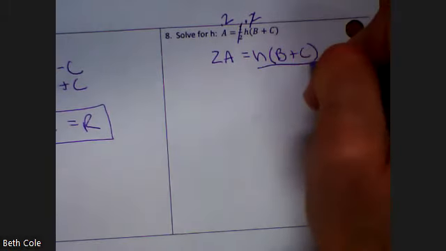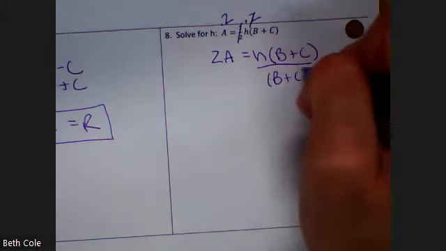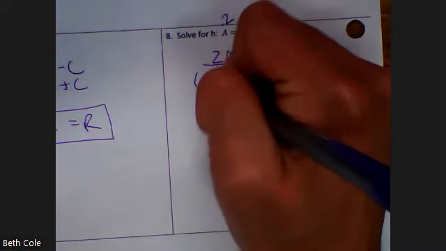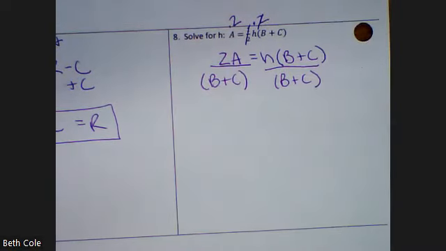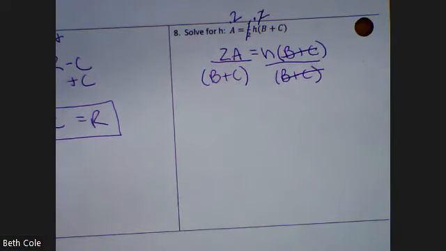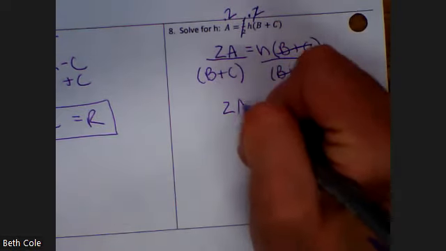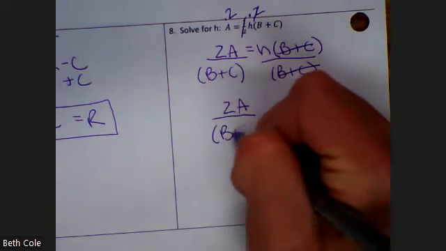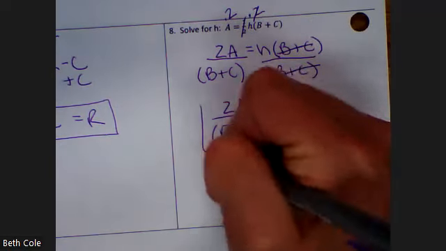So we're going to divide by B plus C. Because there's parentheses, you can just go ahead and divide by the whole thing. See them cancel out? And now H is alone, which was the whole goal. That one was really hard. So it's just 2a over B plus C equals H.